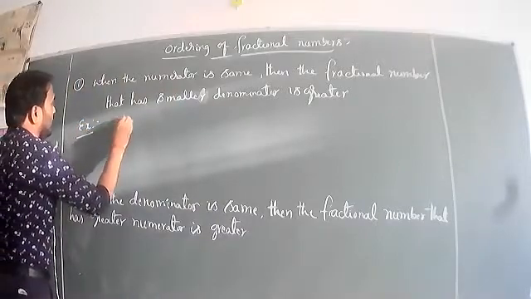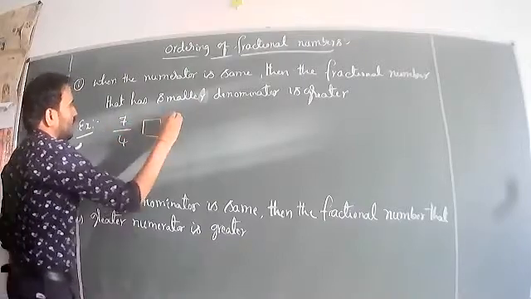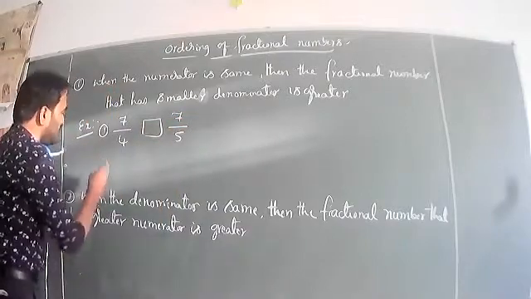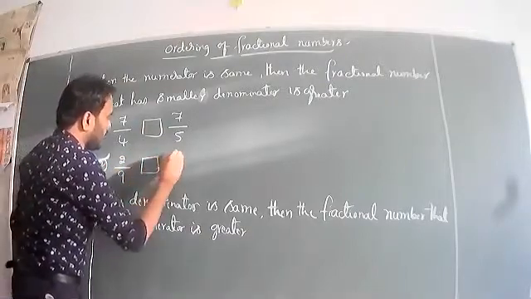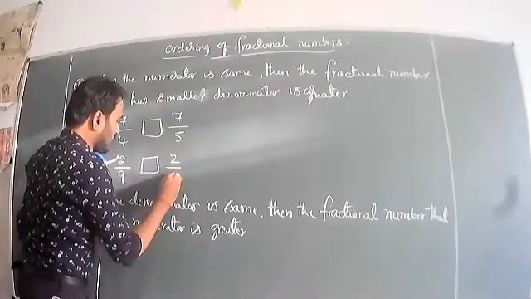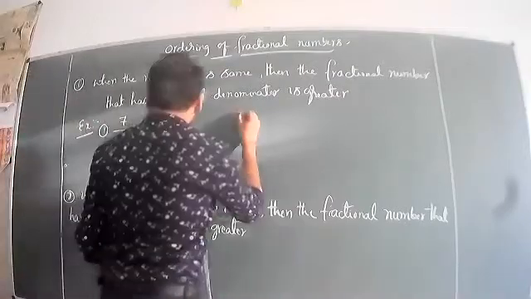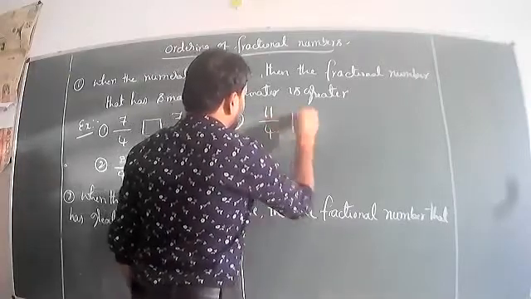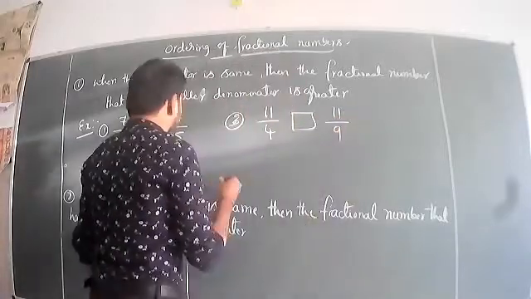First example: 7 by 4 and 7 by 5. Second: 2 by 9 and 2 by 5. Third: 11 by 4 and 11 by 9.